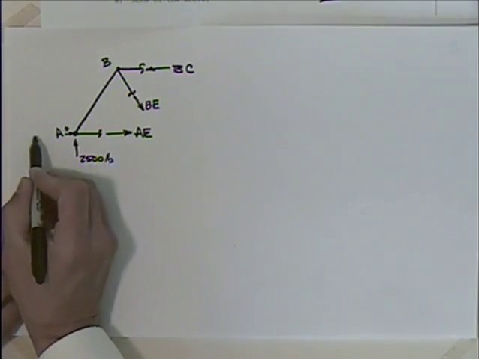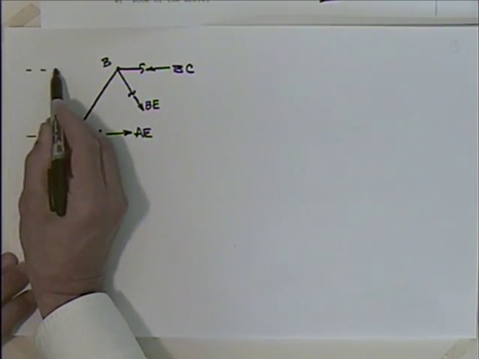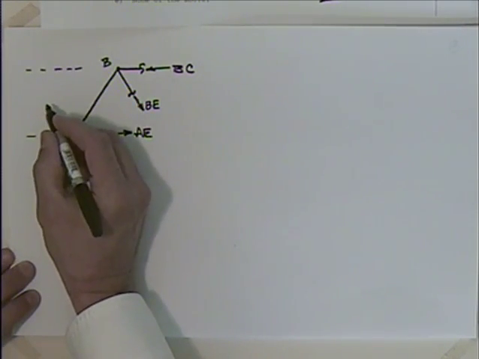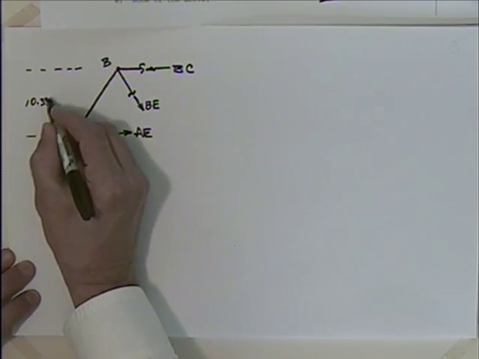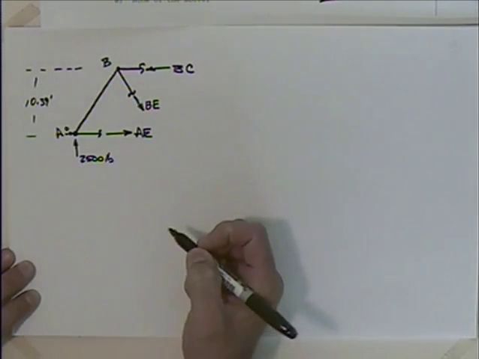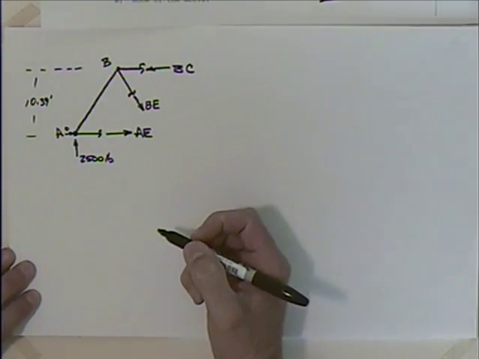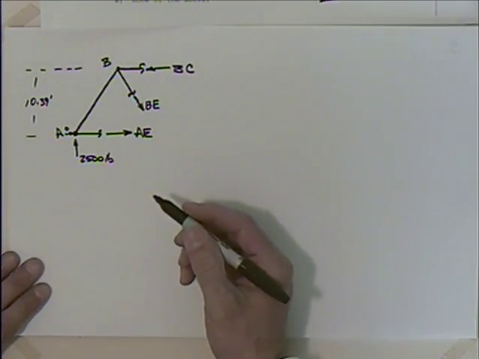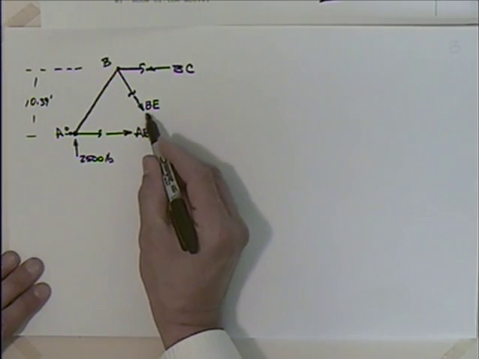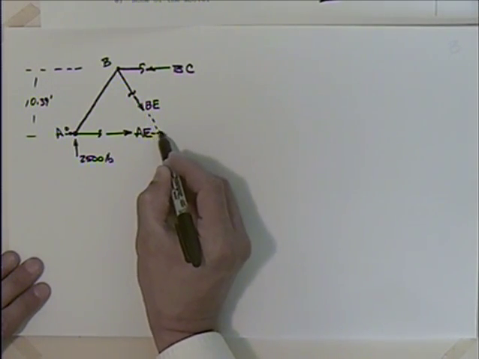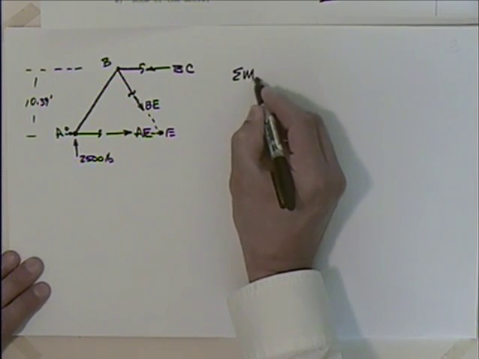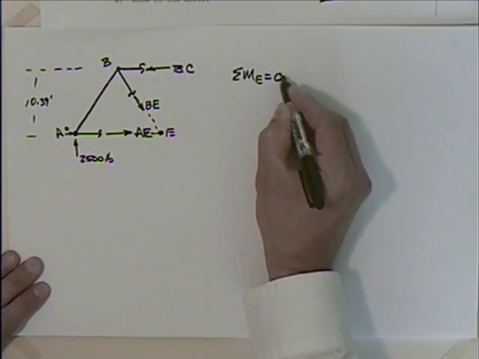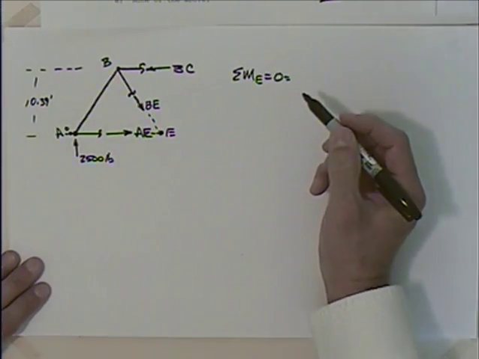Well, let's see. I should get that this distance here, didn't we have that already? That was 10.39. And I think we can go through there. So I think what I'll do is if I look at this point over here, E, if I sum the moments about E, setting that equal to 0, what do I come up with?